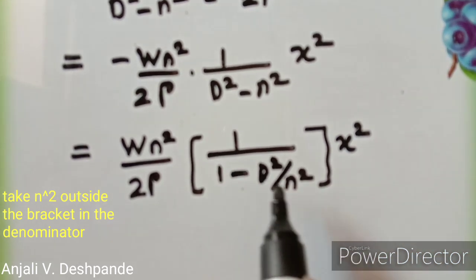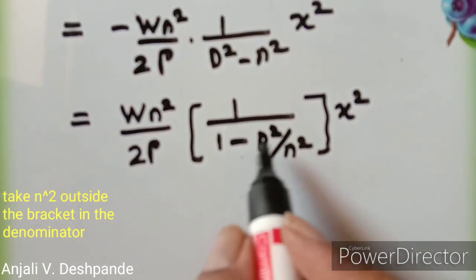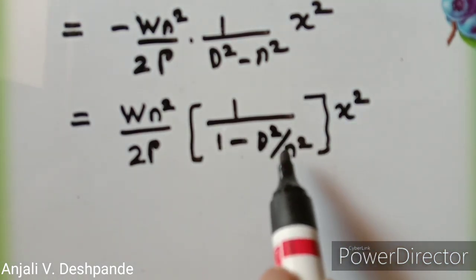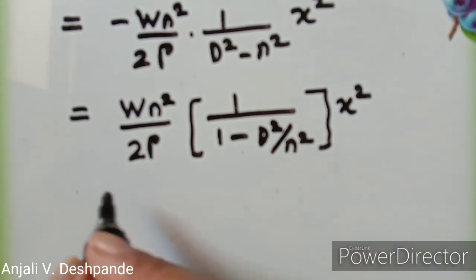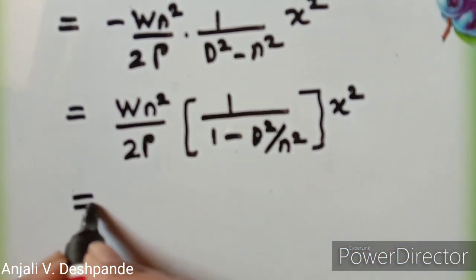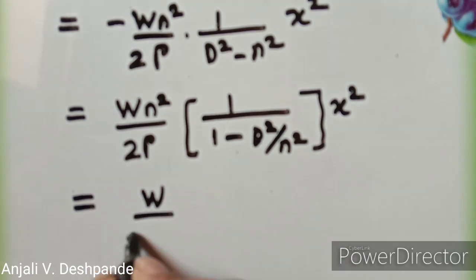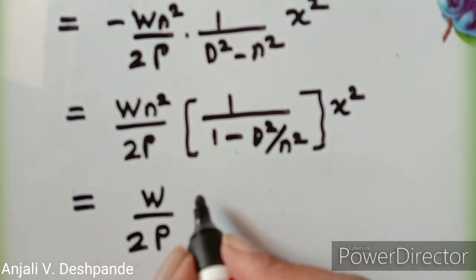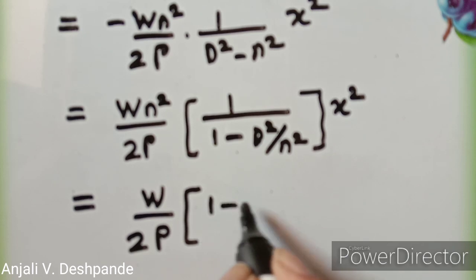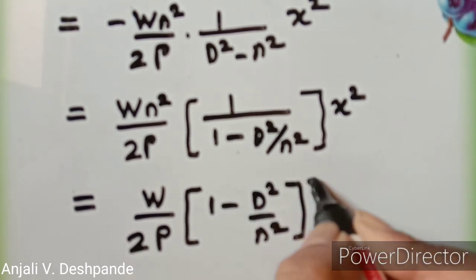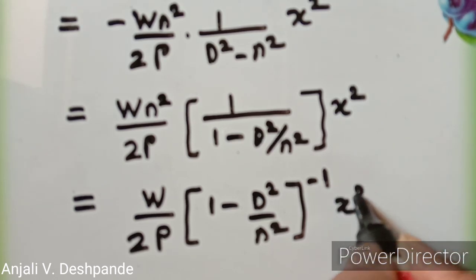So once again, please do go back to those videos for the case of x raised to m, and you can easily understand what I have done over here. So this is equal to w upon 2p, 1 minus d square by n square raised to minus 1, x square.